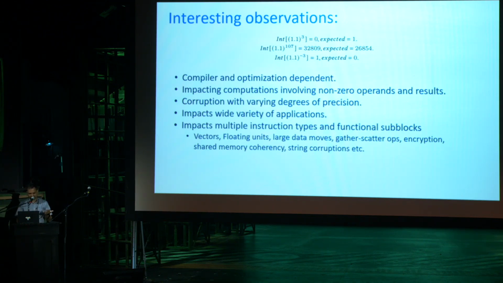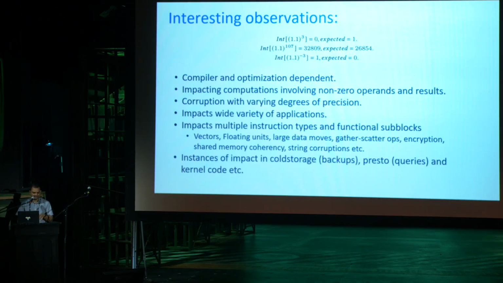It affects gather scatter operations. It affects encryption. We've seen numerous encryption architectures fail, and we are locked out of certain machines just because the encryption of that machine happened to land on a CPU which had defects. We've seen shared memory coherency deadlocks, and we've also seen string corruptions across our Presto databases. It also affects cold storage applications, backups, Presto queries, kernel code.